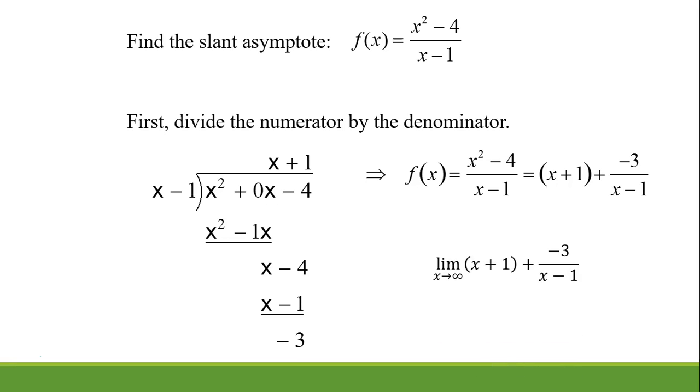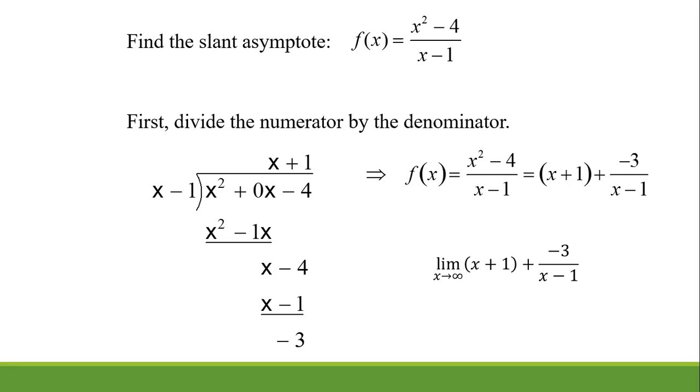Now remember that in order to find a horizontal asymptote, we took the limit as x approaches infinity. We wanted to know what happens way on the edges of our graph. We still want to know the same thing with an oblique asymptote. So we'll take the limit as x approaches infinity of this version of our function that we got by doing the division. Now as x gets very large, as x approaches infinity, the fraction gets very close to 0, because negative 3 divided by something really large becomes something very, very small.